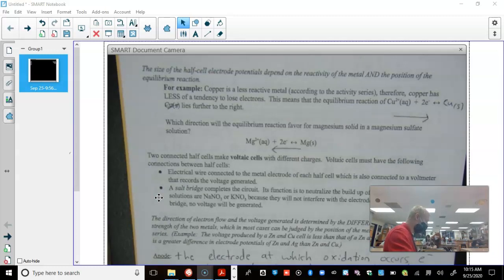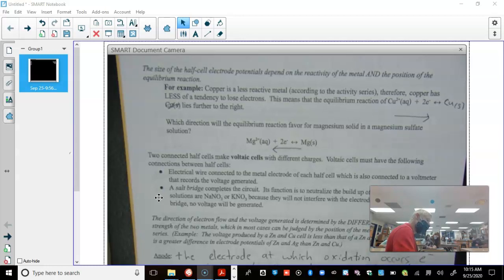And you can remember it with ANO. A stands for anode, N stands for negatively charged, and O stands for oxidation. Anode.